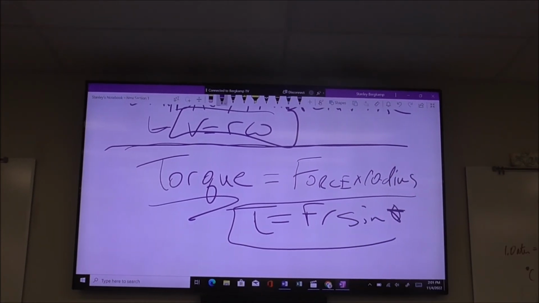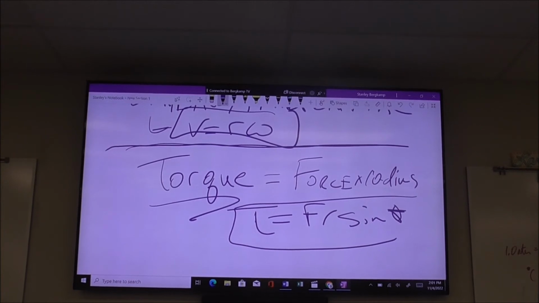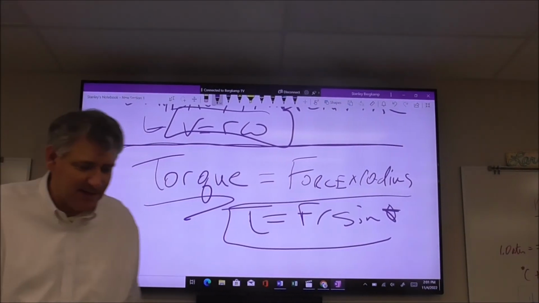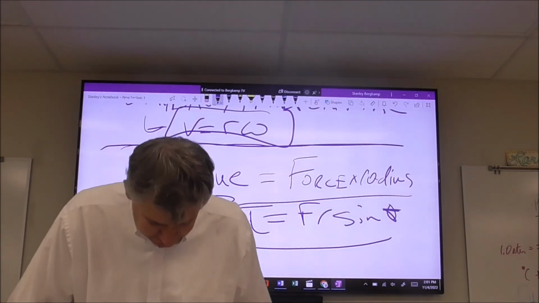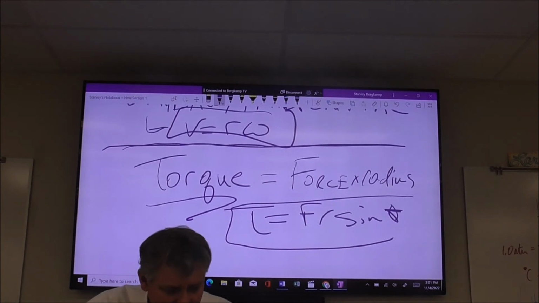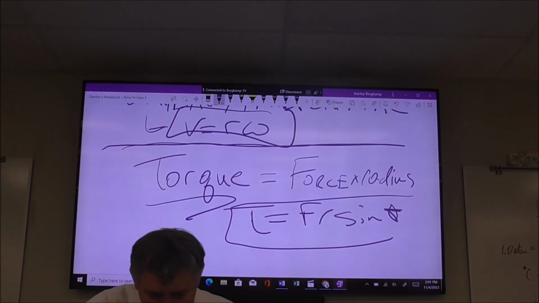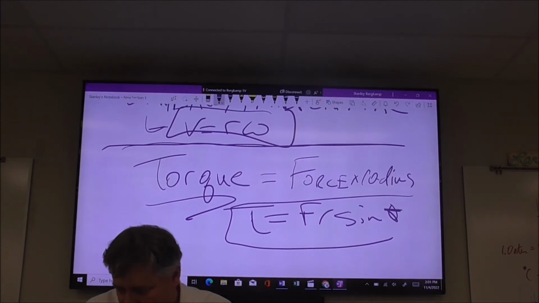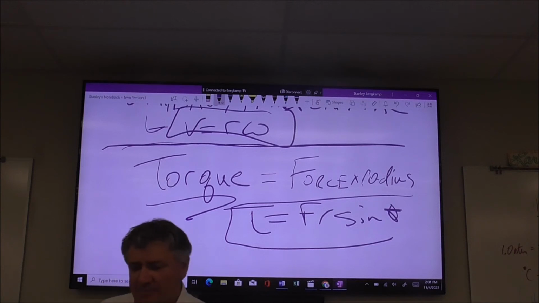So let's look at a situation like this. I'm going to take a 50-gram mass, and I'm going to put that way out here. Okay? So what's happening is that this is creating a torque.